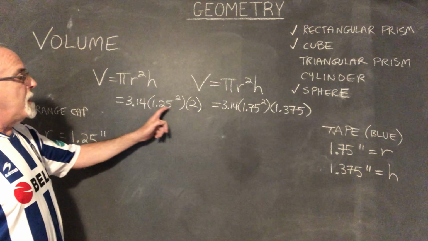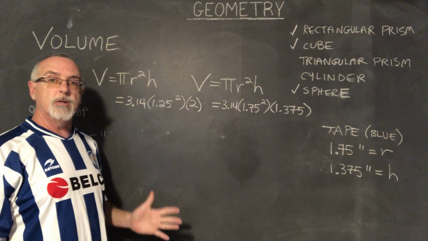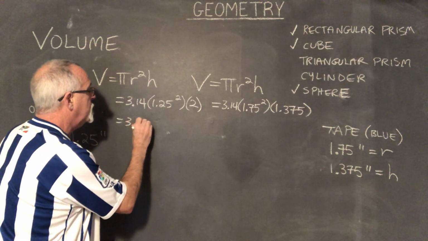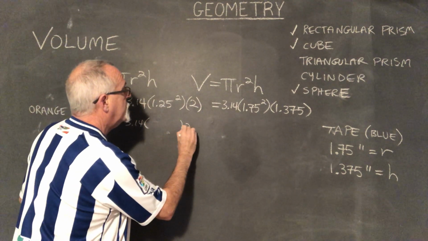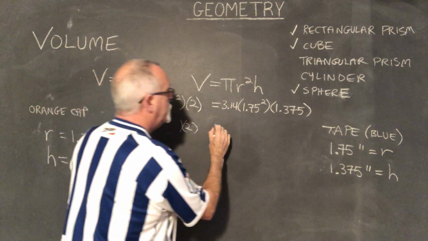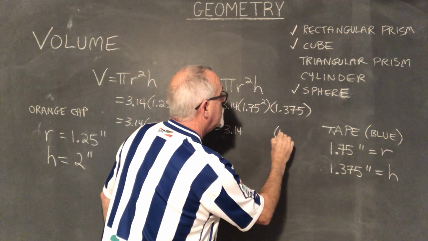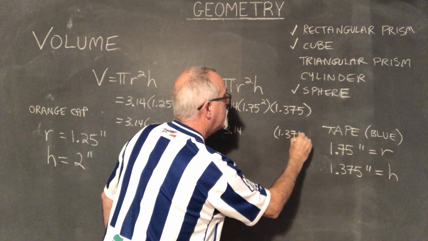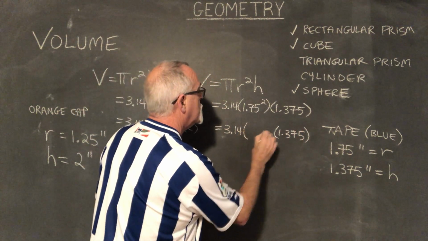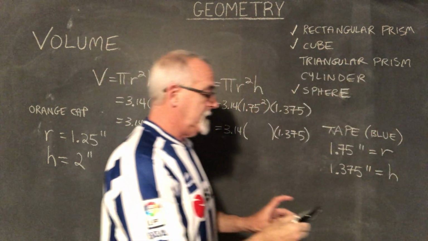Okay, I have to do 1.25 squared first. Order of operations, exponent before multiply. So I'm going to keep the 3.14, and I'm going to keep the 2, but I'm going to write 1.25 squared's answer in there. Over here, same thing. Keep 3.14, keep the 1.375, and the answer to 1.75 squared I will write in there. Calculator, please.